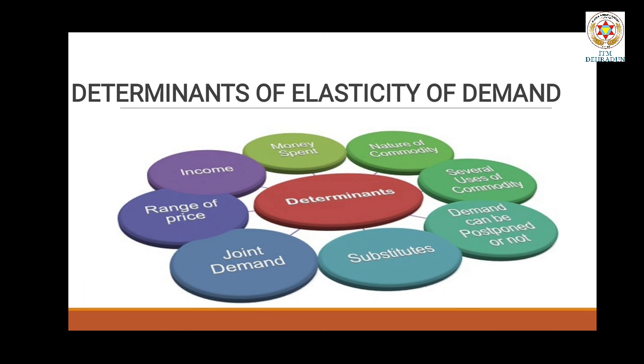The different uses of the commodity can also be a determinant: the demand for a commodity having a variety of uses is more elastic. Similarly, if products are jointly demanded, then if one product has elastic demand, the other product will also have the same elasticity.